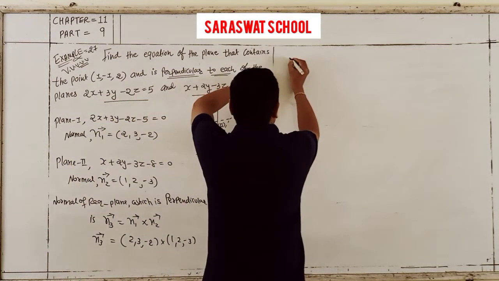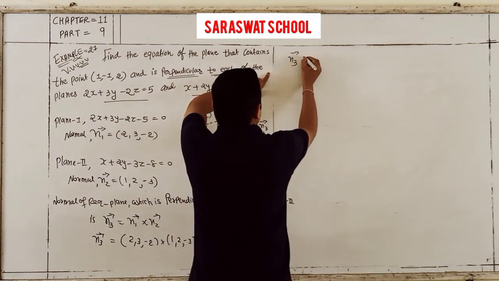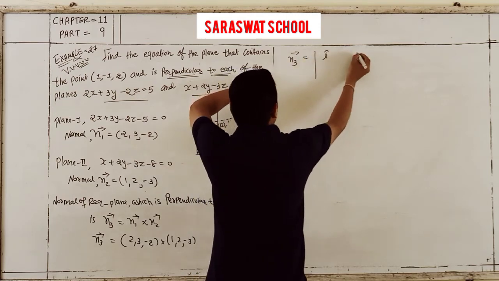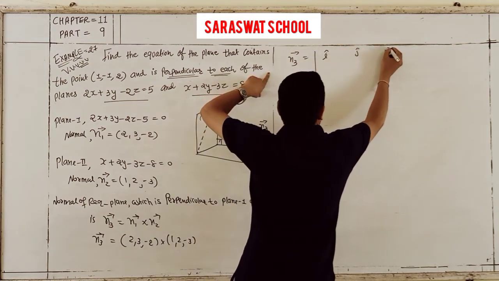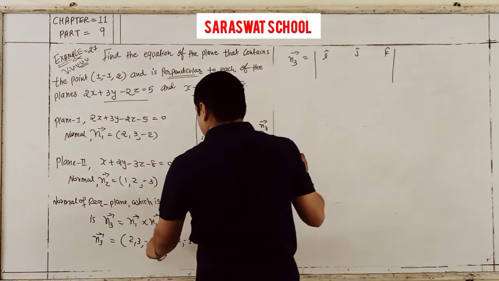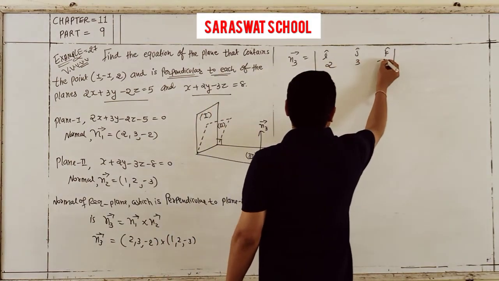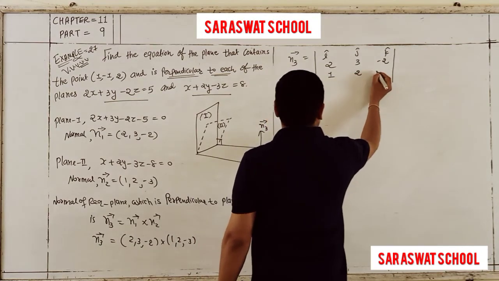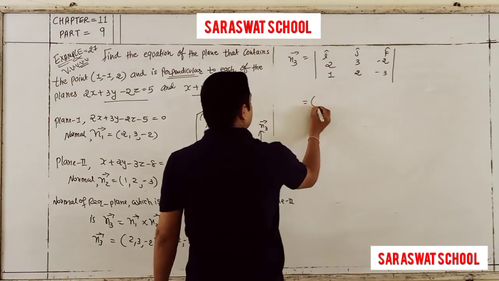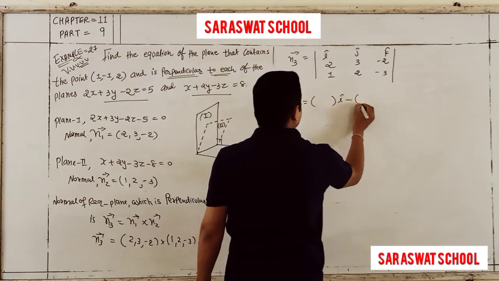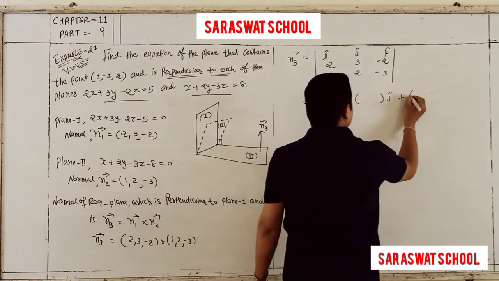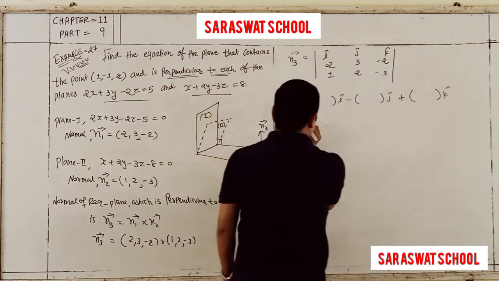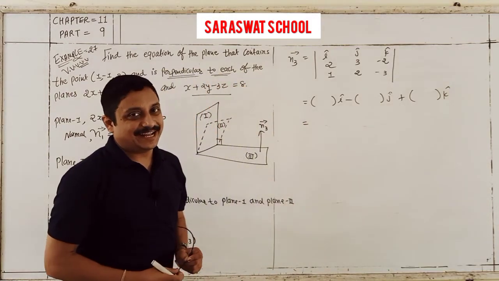Expanding along i, j, k, with rows 2, 3, minus 2 and 1, 2, minus 3, it gives i minus j plus k, and we derive the third plane direction.